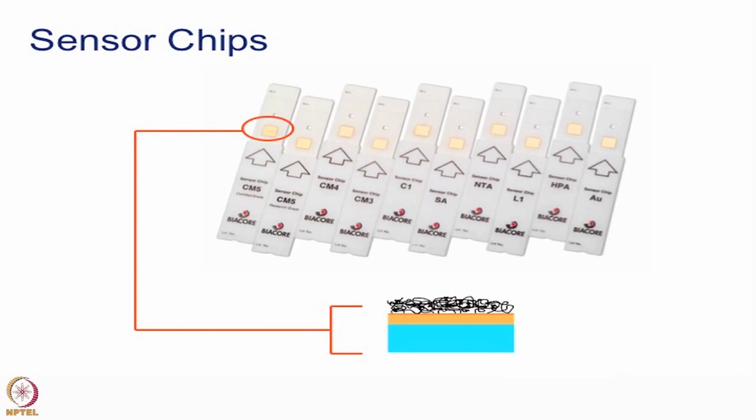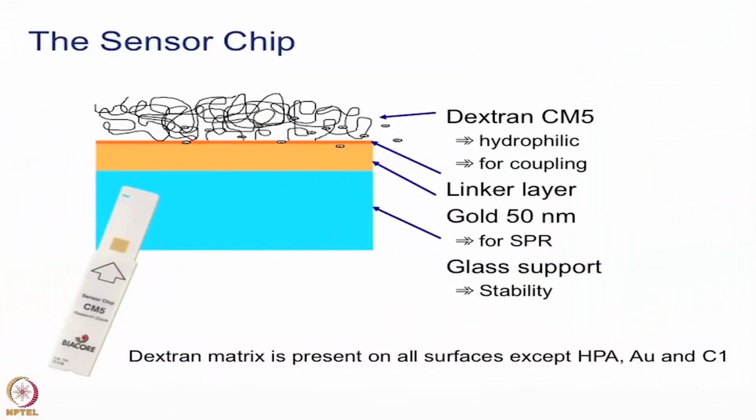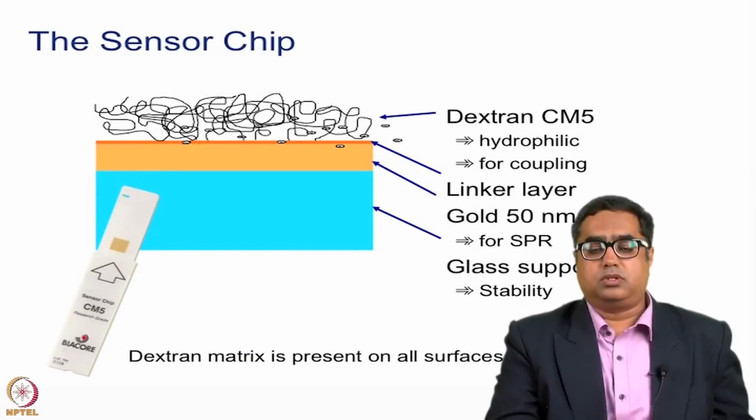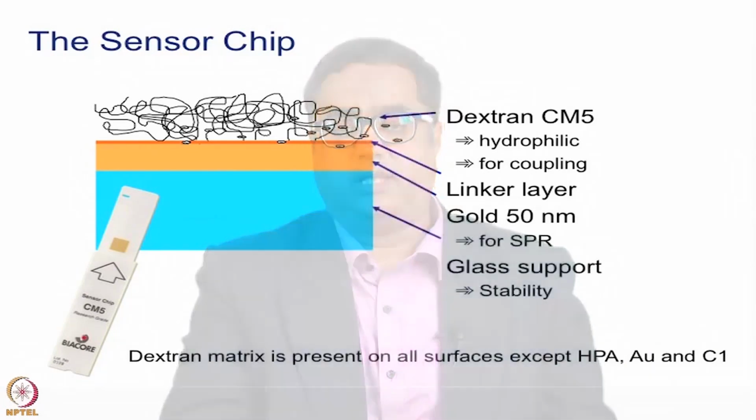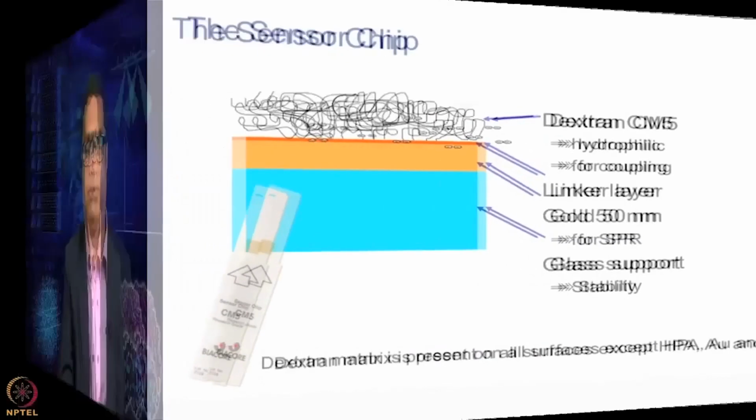If you look at a particular gold surface on a chip, it contains a layer of dextran, and that dextran supports the immobilization of your ligand on the chip. The dextran is glued to the gold, and the gold is present in the form of a cassette, and that cassette entirely is called a chip.